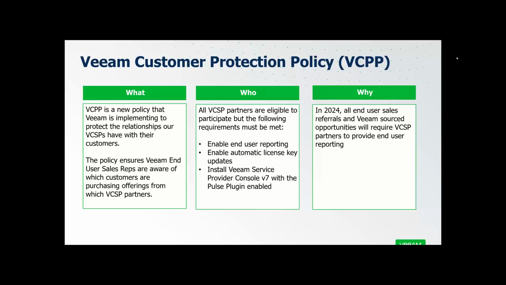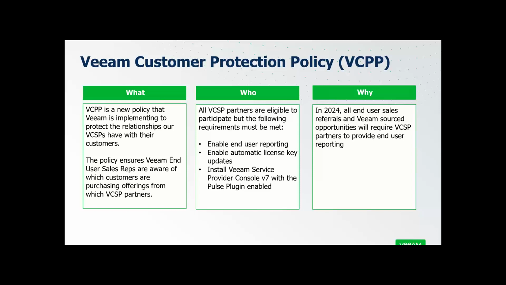Now, we all know the as a service marketplace is growing. And what we want to do is to increase that visibility and to make sure you're more engaged as a channel partner. And to that aim, we've launched the Veeam Customer Protection Policy a couple of months back. What does this do? Well, this gives us greater visibility because you can tell us who are the end user customers that you're dealing with.